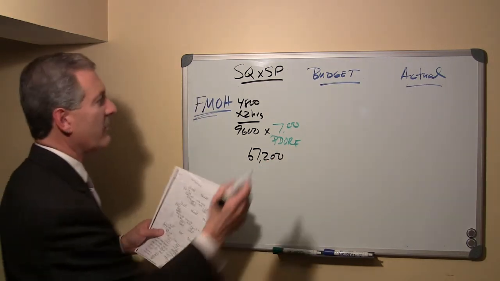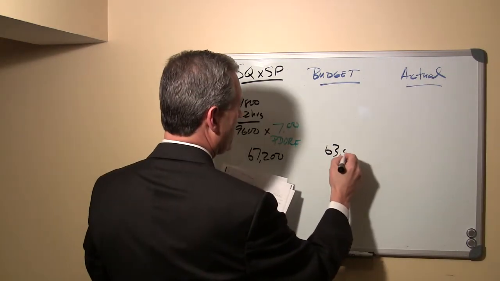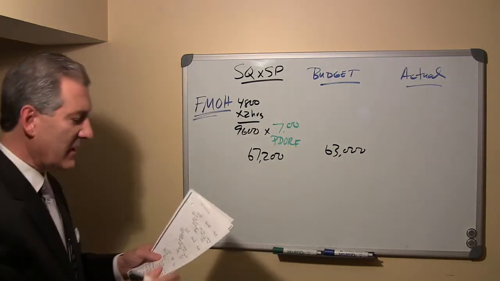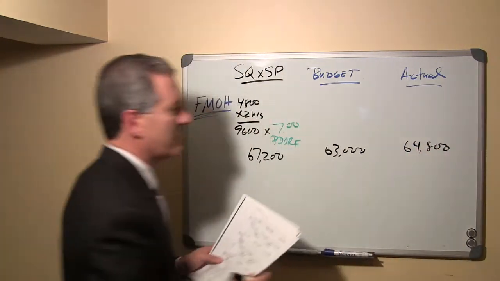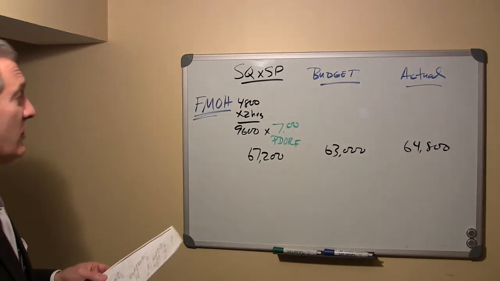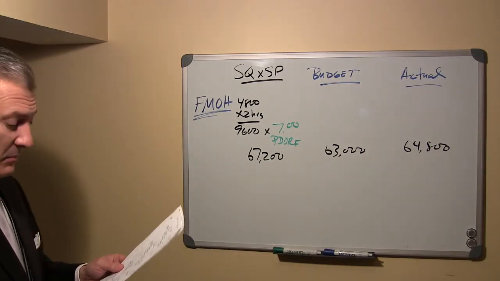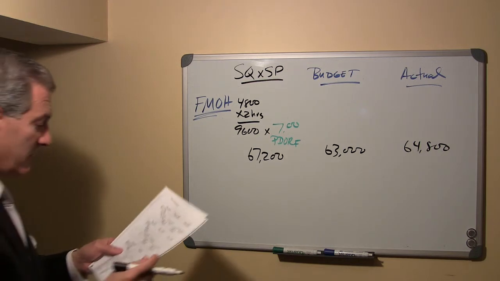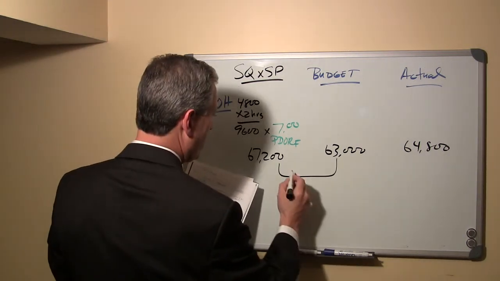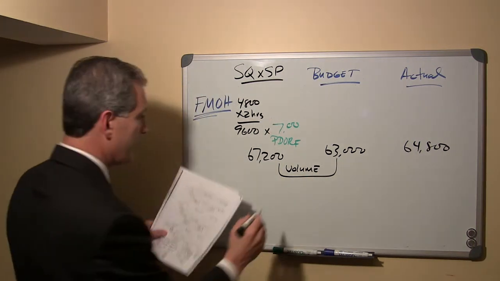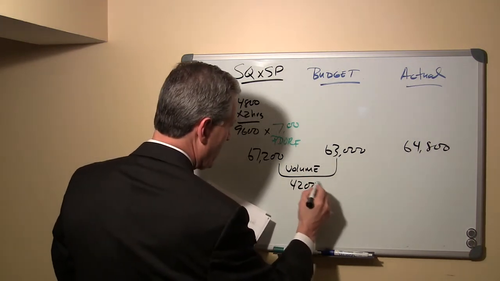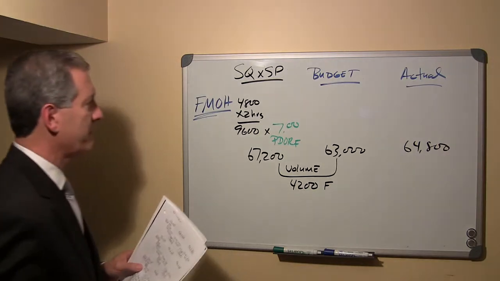Total of this number is $67,200. Compare it to the budget number at the beginning of the problem, $63,000, and the actual amount, $64,800. No AP, AQ, no AQSP, just budget and actual. Difference between these two numbers here is the volume variance. This volume variance is $4,200 favorable.